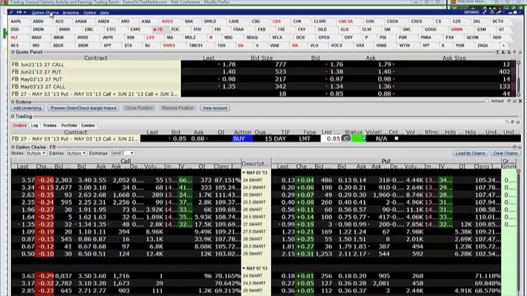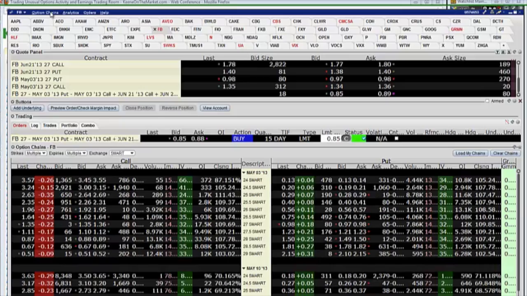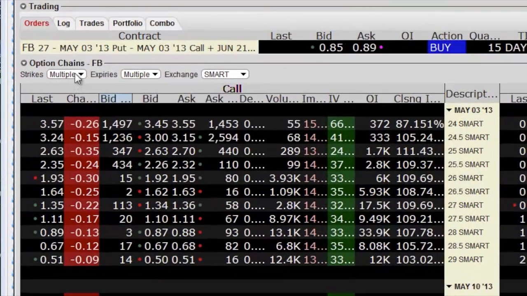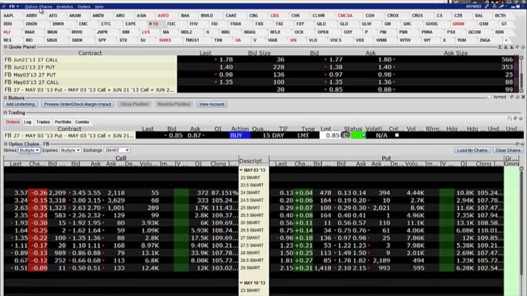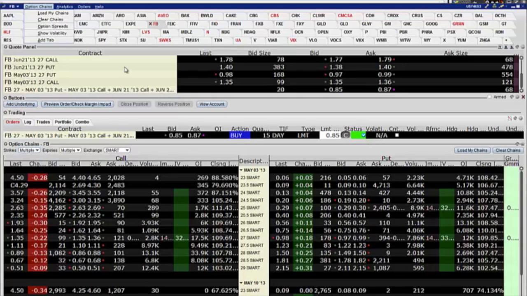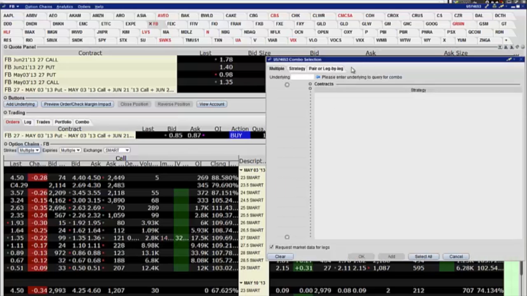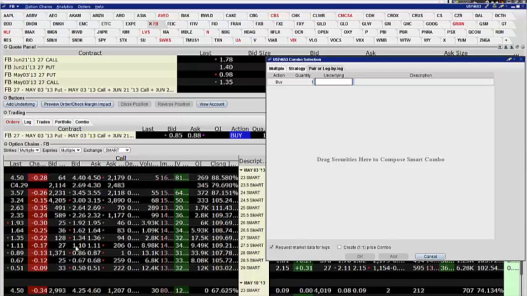Let me add a couple strikes here. So this would be the 27, 25, 23 put fly in Facebook for earnings.